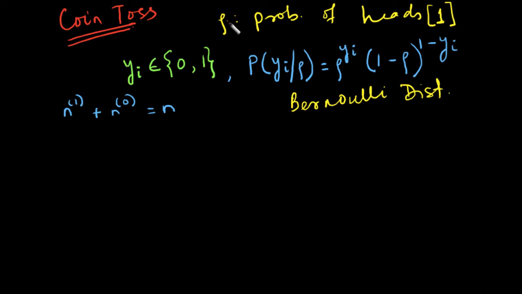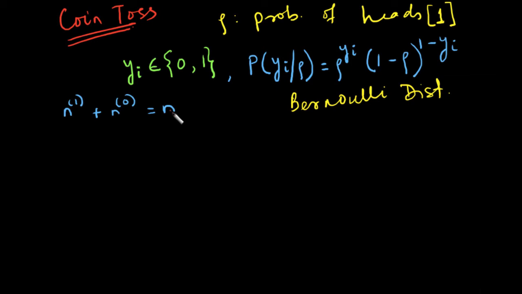If we just go by intuition, rho should be equal to n1 divided by n. But as we saw in the case of the Bayesian parameter estimation, we get a different result for rho. So let's see, if we follow the maximum likelihood estimation, what kind of estimate do we get?